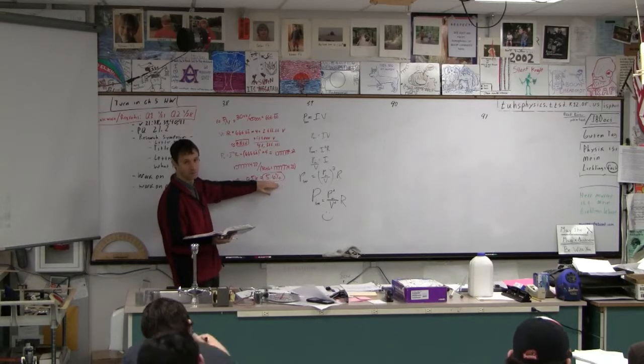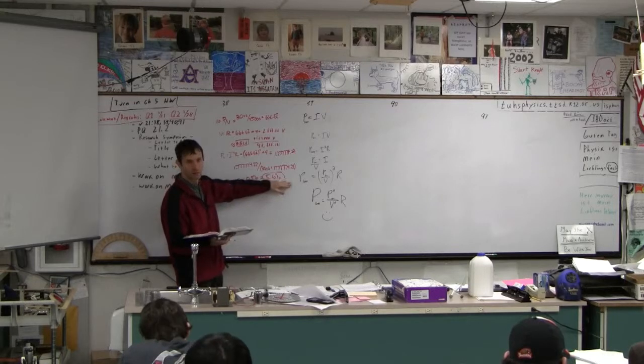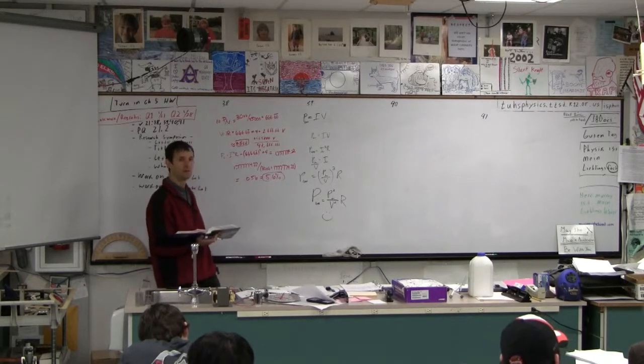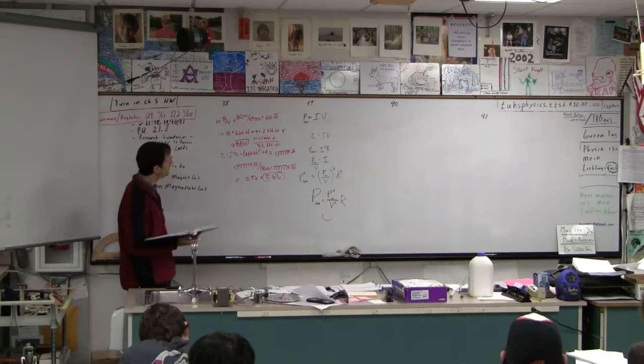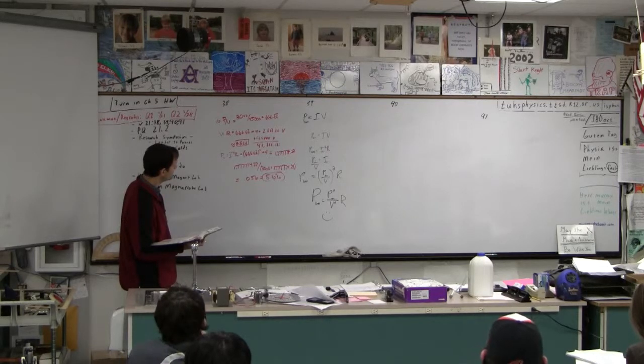Does that make sense? Yeah? So you need to know that they're talking about the power delivered to the town. Wait, so they're the same. Power gain, power loss is the same thing.